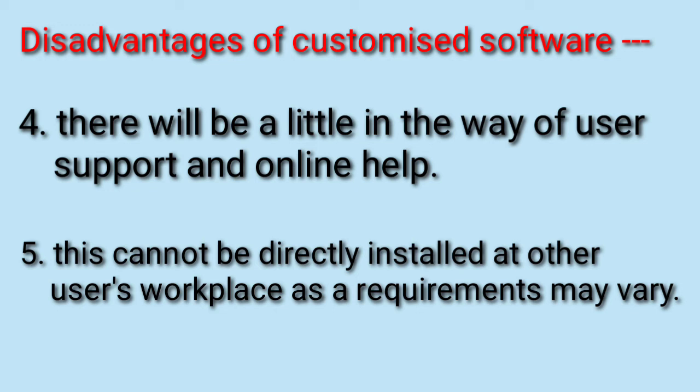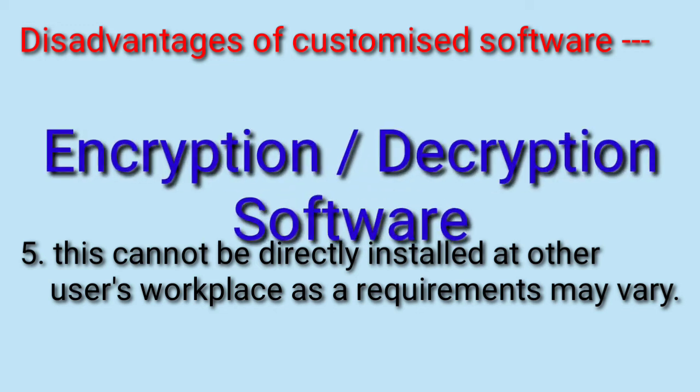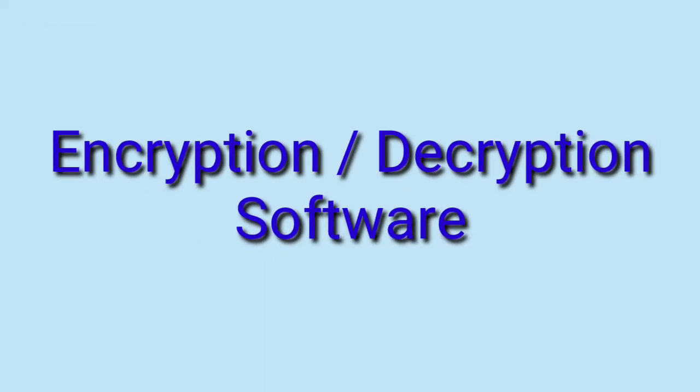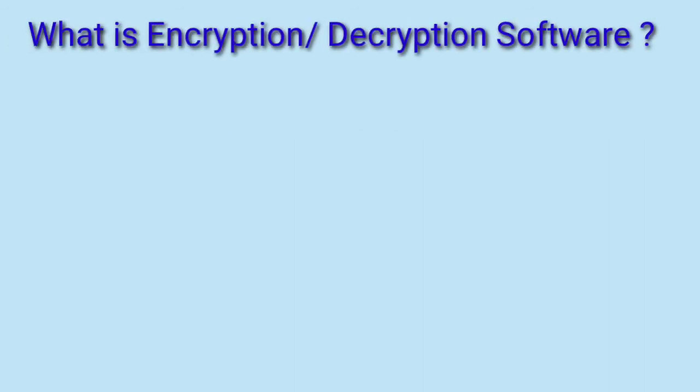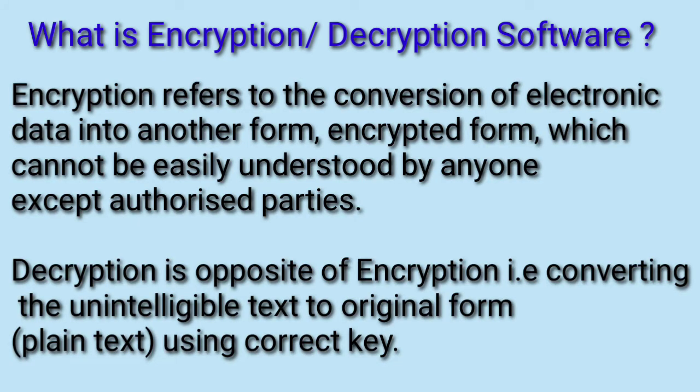I hope you are clear now about customized and bespoke software. Now I'll tell you about encryption and decryption software. What is encryption and decryption software? These are the kind of software which are helpful for encrypting your data. Now what do the terms encryption and decryption mean?